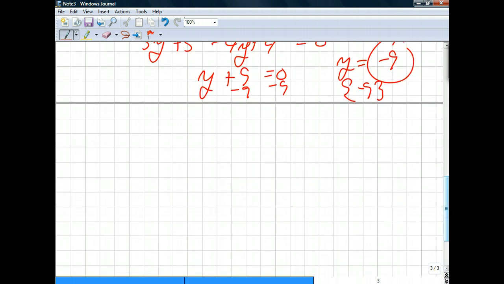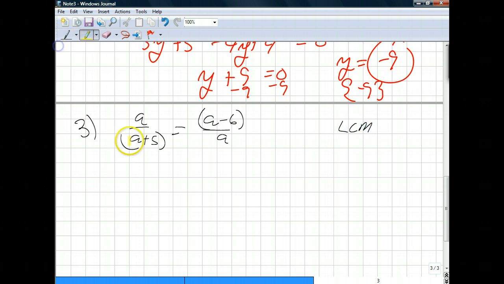Example 3. I have a over a plus 5 equals a minus 6 over a. Least common multiple of my denominators is going to be a times a plus 5. So I multiply the whole equation by that.